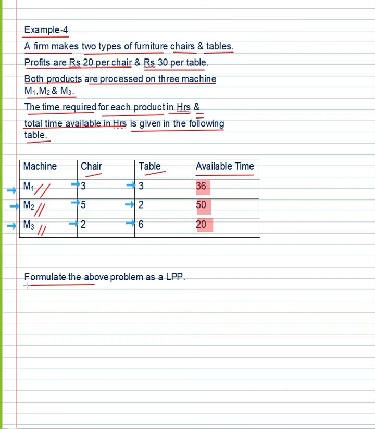Formulate the above problem as a linear programming problem. We first try to represent all this data in a tabular form. A firm is making two types of furniture, chairs and tables.